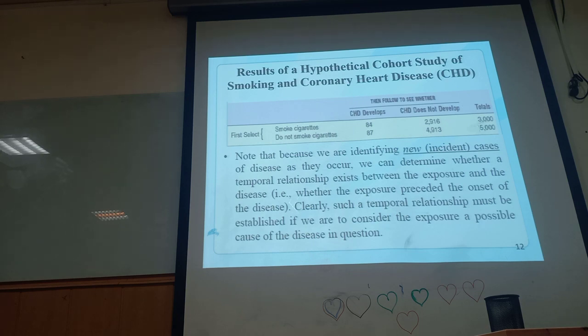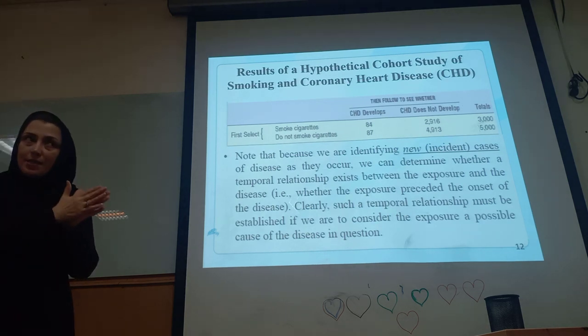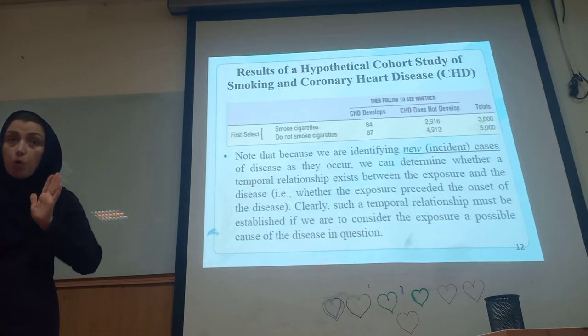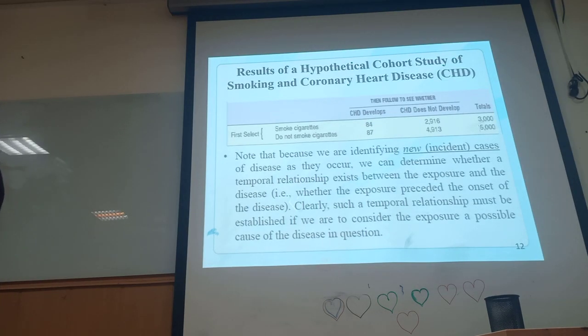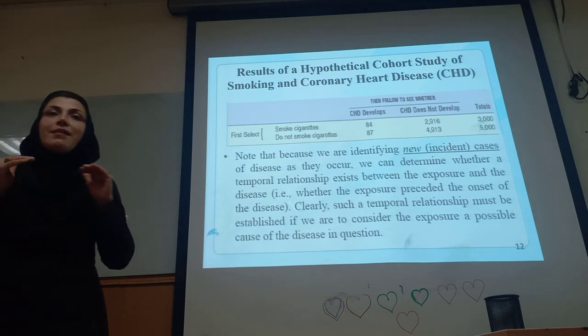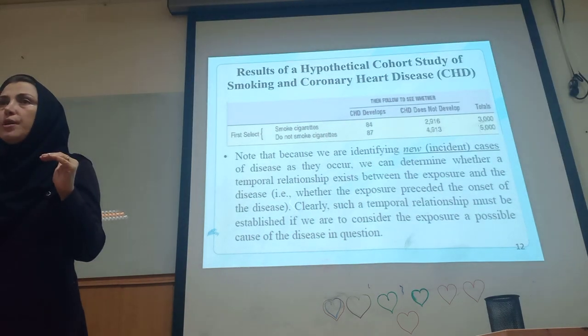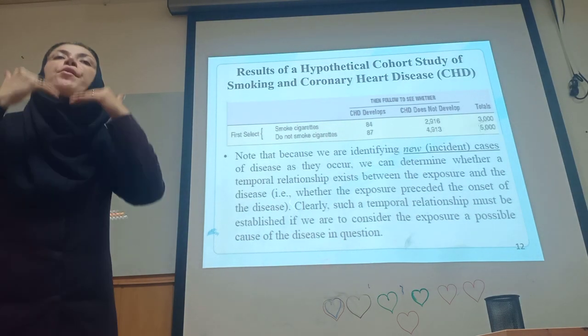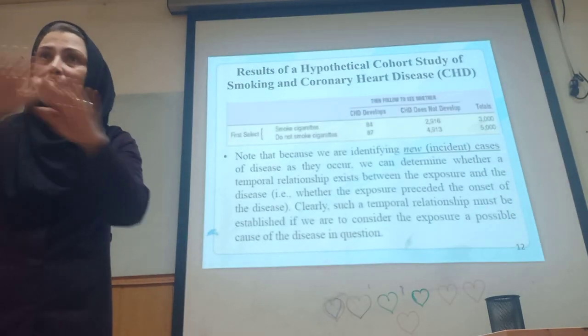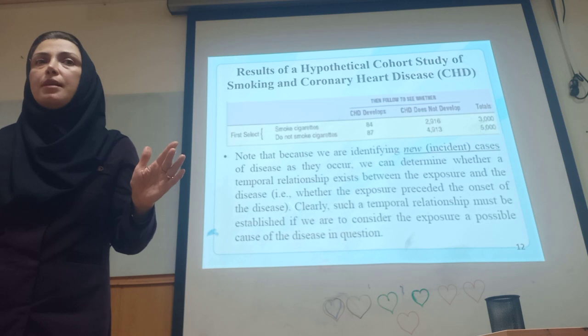Because we know that risk factor is before the disease. So it could be a kind of risk factor and causal relationship. But it is not necessarily true. It is nearer to causality, but it is not exactly causality.